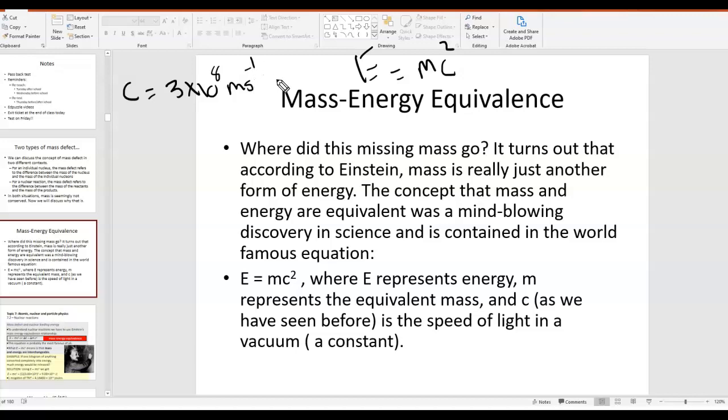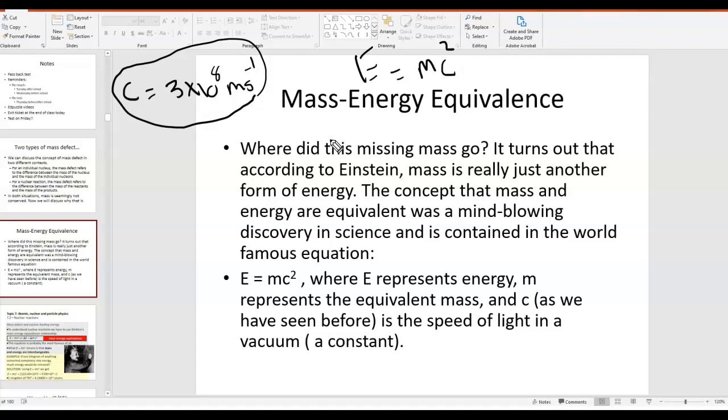That's a number you should be familiar with. So what this equation is saying is, if you had a way to convert mass to energy, let's say you've got 1 kilogram of mass and you convert it completely to energy, if you plug 1 into this equation and multiply by this giant number squared, you would get an enormous amount of energy.